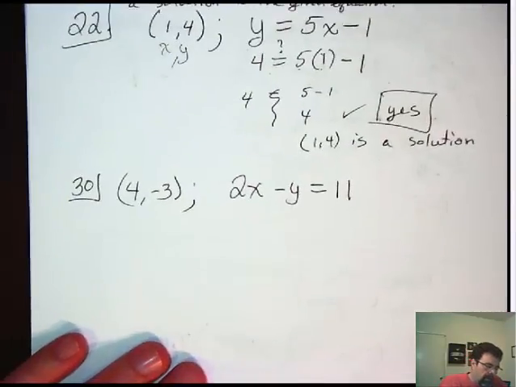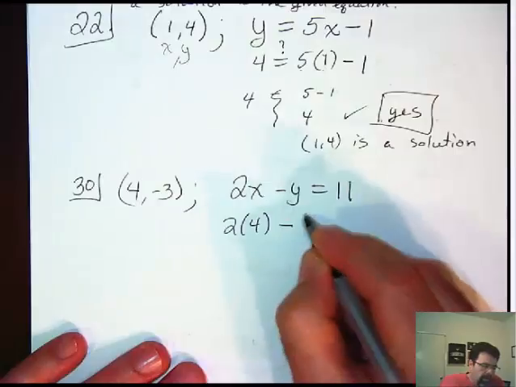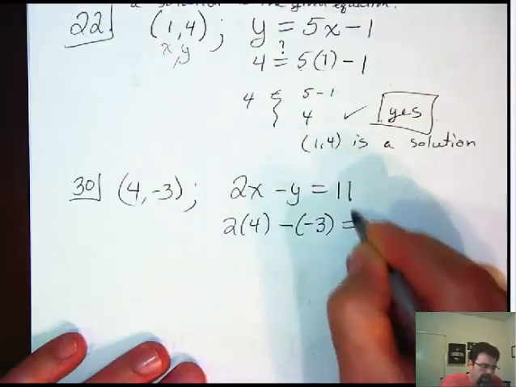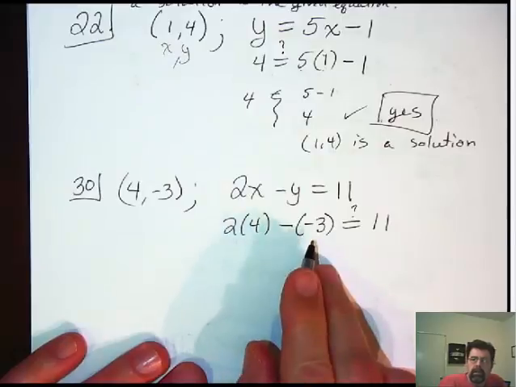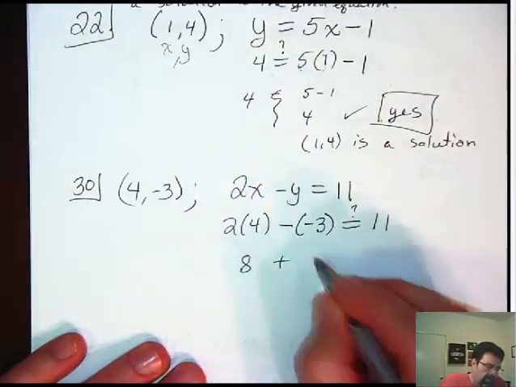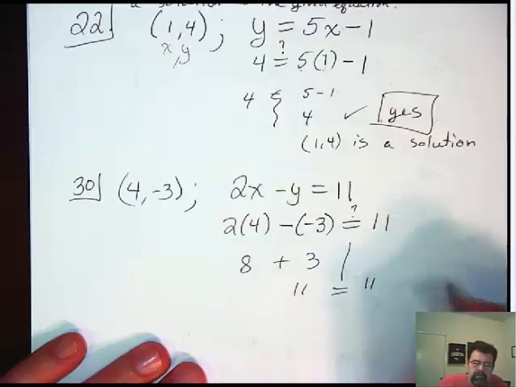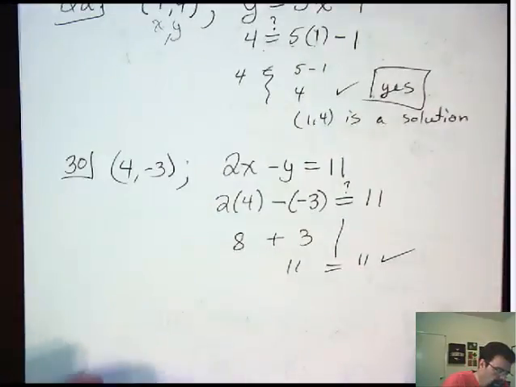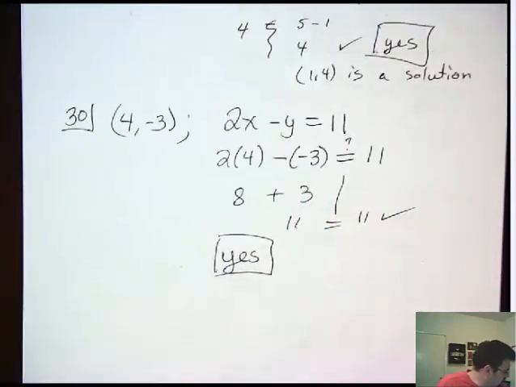Okay, so again, we're going to put 4 in for x, -3 for y. We're asking this question, is 2 times 4 minus a -3 equal to 11? Yes or no? So we do the math. 8 plus 3 is 11. 11 equals 11. So yes, 4, -3 is a solution.